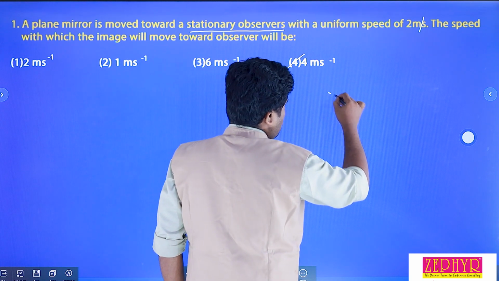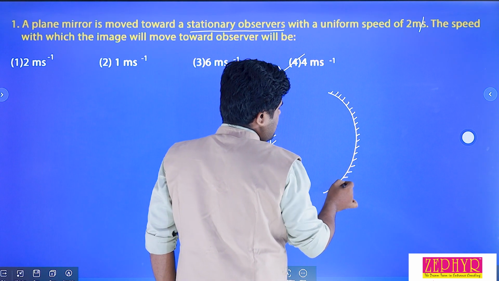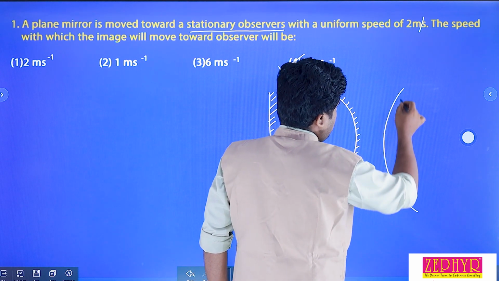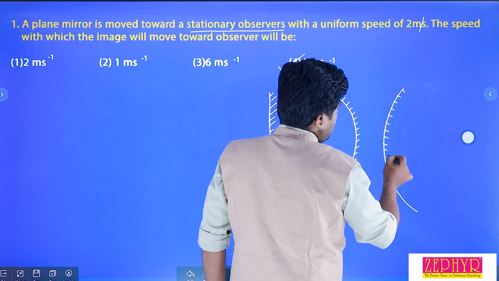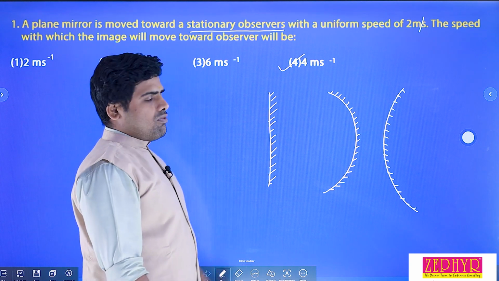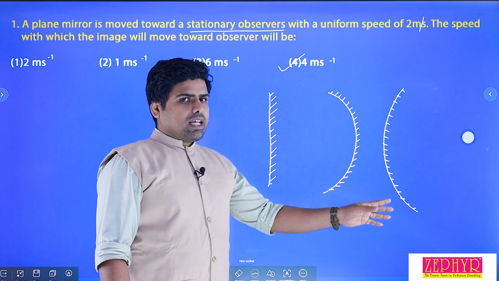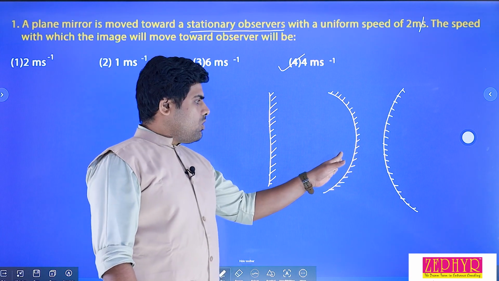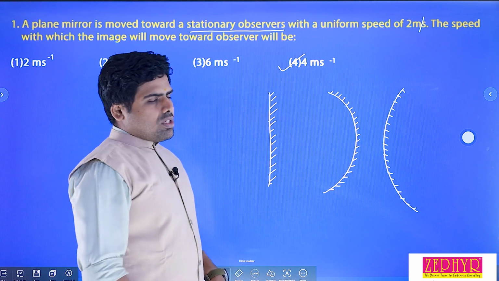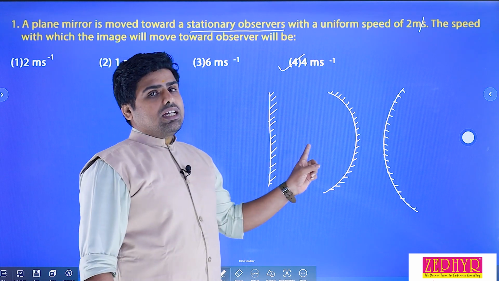There are two types: the concave mirror, whose smooth surface is curved inward, and the convex mirror, whose smooth surface is curved outward. All the reflection rules are the same in the case of the plane mirror and the spherical mirror.